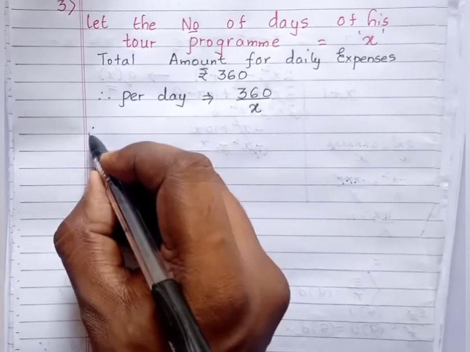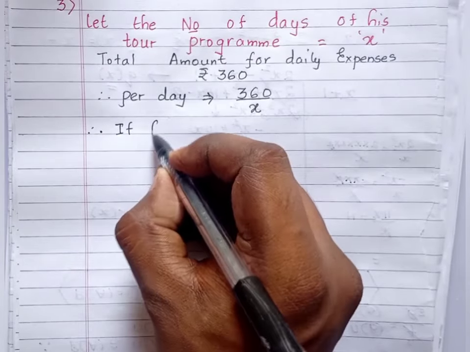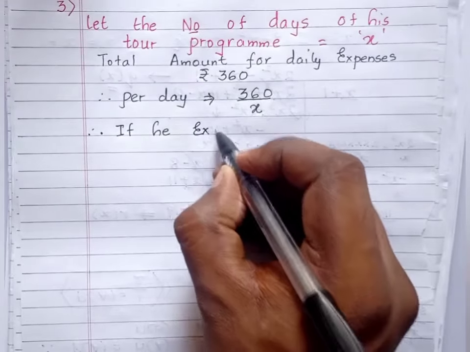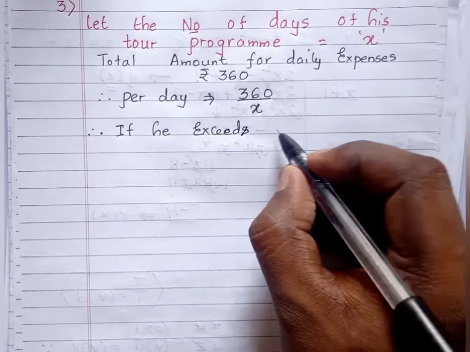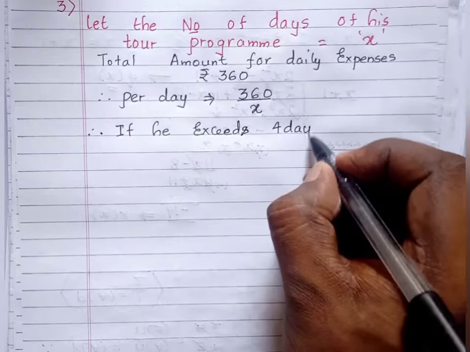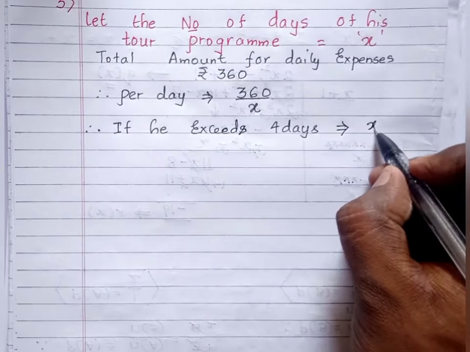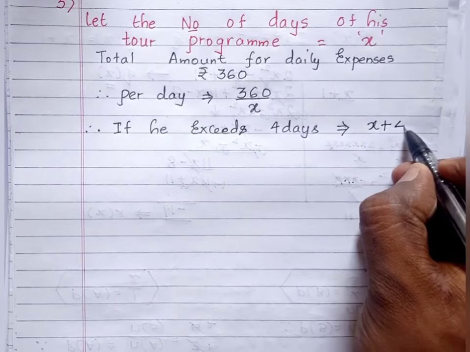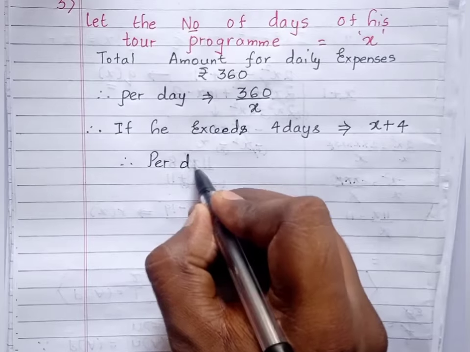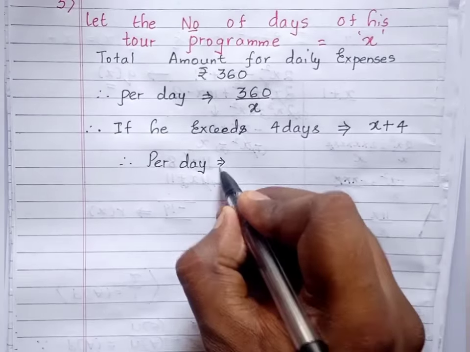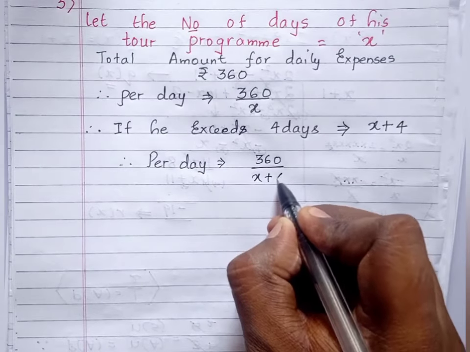Now, if he exceeds his tour program by 4 days, then the daily expenditure, that is per day, will be 360 divided by x plus 4. If he exceeds the number of days by 4, it is 360 by x plus 4.